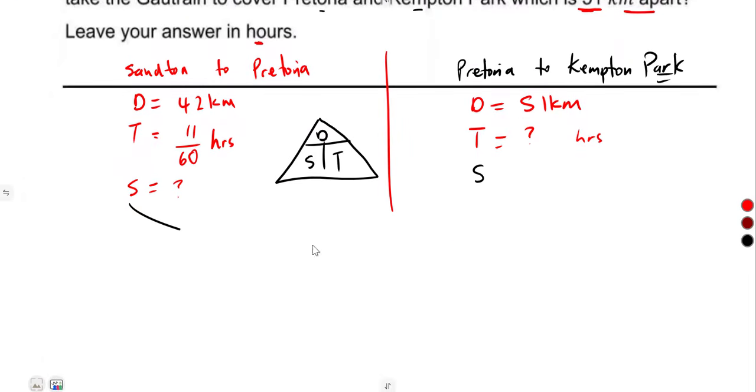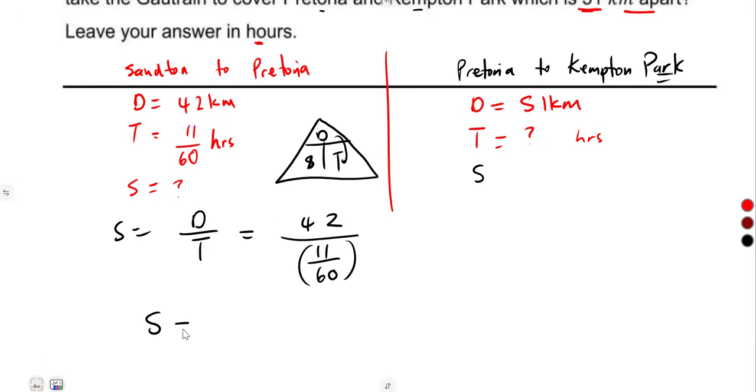Remember, speed is our common value that we are going to apply. So speed is equal to distance over time. Our distance, 42 kilometers over our time, 11 over 60, like this. So it means our speed was going to be 42 times.